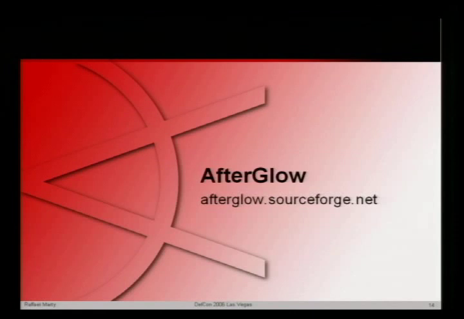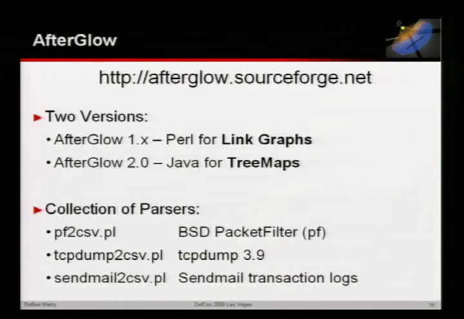Now, let's switch over to Afterglow, which you will find either on the CD or on SourceForge. There are two versions right now. It's a little confusing. I apologize for that. There's basically a version 1.x. Currently, the one on the CD is 1.56, and it's a Perl script that generates link graphs.